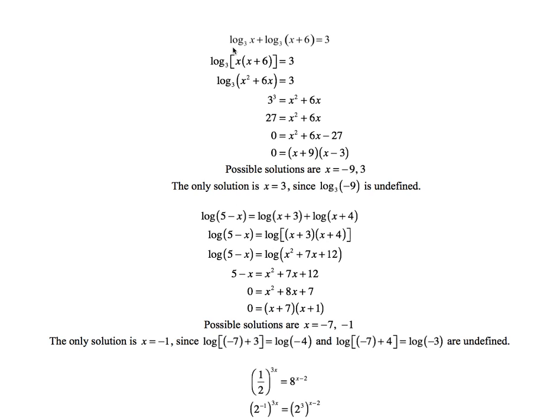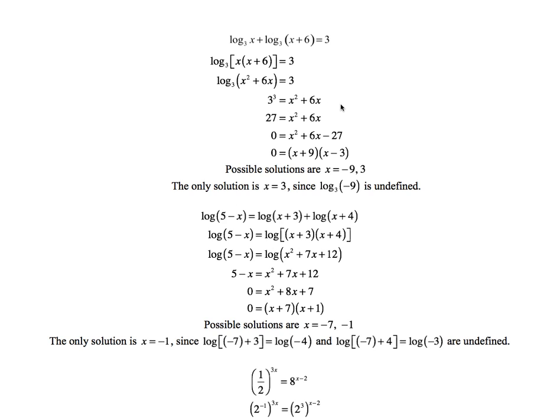So in this first one, we have two logarithms here. We combine them using the power property of logarithms. We combine them into one. Then we convert this logarithmic equation into an exponential equation by using 3 as the base and putting this side of the equation into the exponent, and we take this argument, that's whatever's inside the parentheses of your logarithm, and putting it on the right side of the equation.